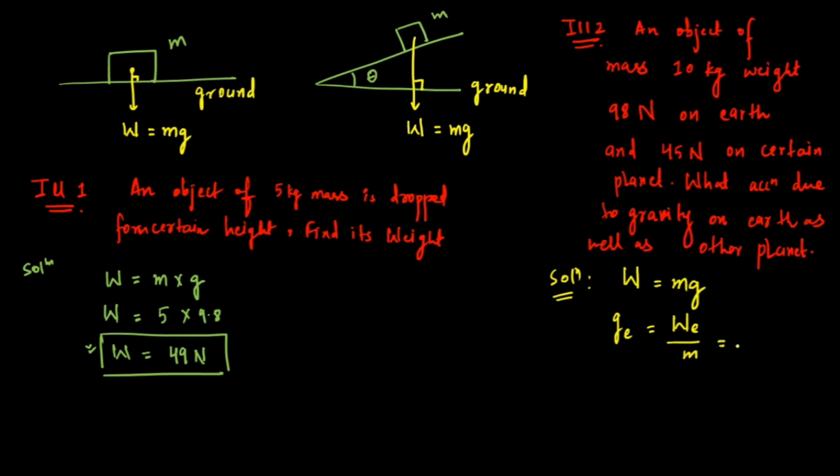Mass will always remain the same, no matter which planet it is. It is going to be 9.8 meters per second square on Earth, as we already know. Similarly, for another planet, it is going to be weight on that planet divided by mass, that is 45 by 10, which is 4.5 meters per second square. This is how we find weight and its related properties.